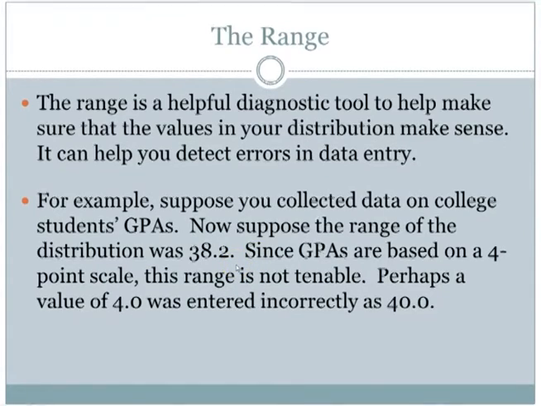Well, GPAs are based on a 4-point scale, so that's not tenable. Tenable just means it's not realistic, not feasible. Maybe instead of putting 4.0, somebody typed it in wrong, and now we've got this ridiculous range. Because we looked at the descriptive statistics, we found the mistake, and we can fix it before we go on, and all the rest of the analysis is not screwed up.